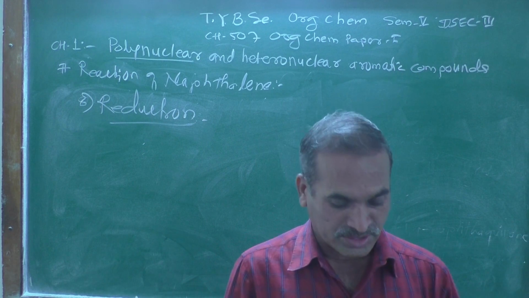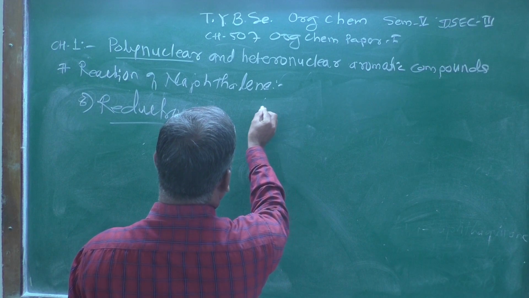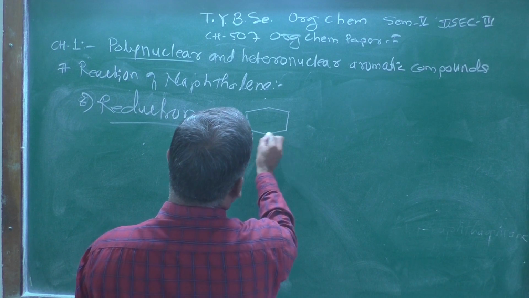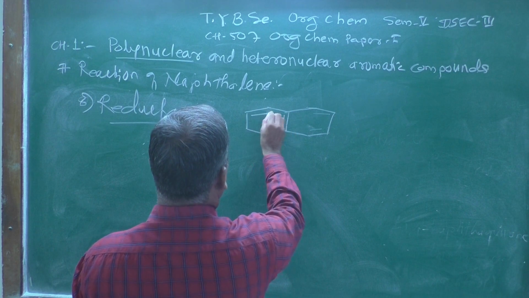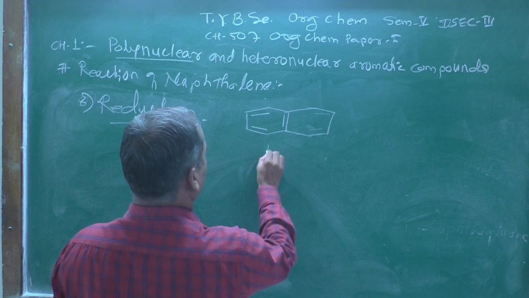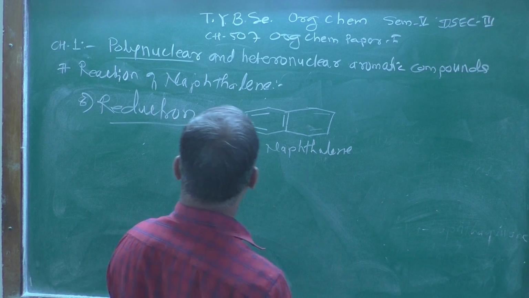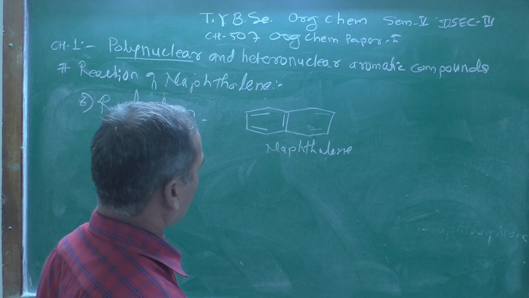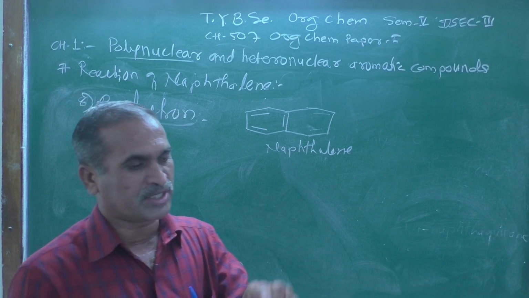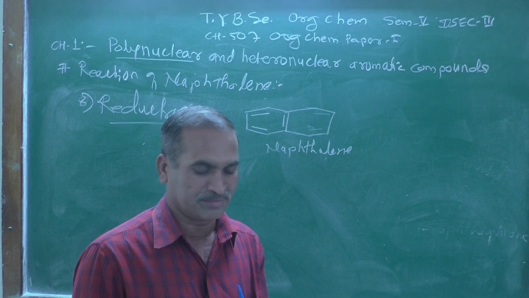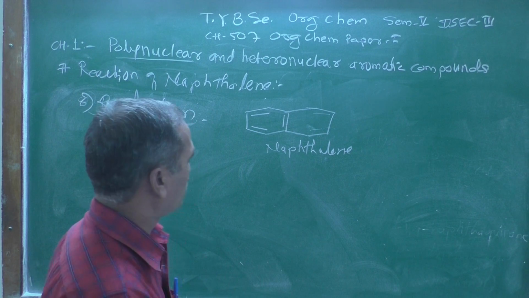See here, the starting compound which I have taken is naphthalene. This is the structure of naphthalene, and we are learning the reduction of naphthalene. By using the proper reagent and maintaining proper conditions, we would get different reduced products.